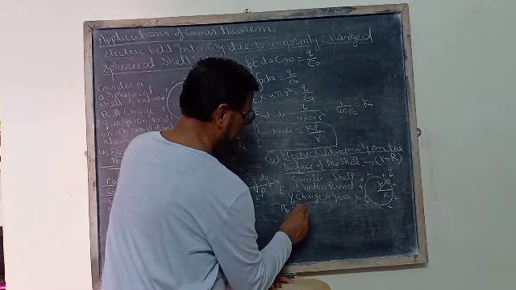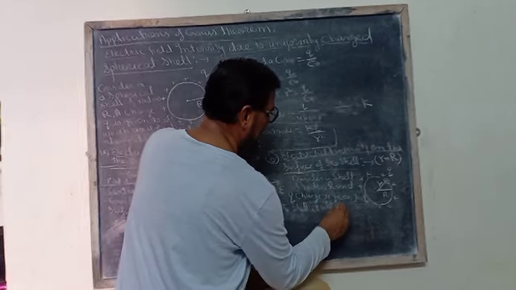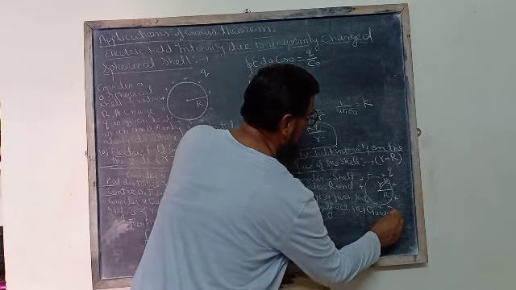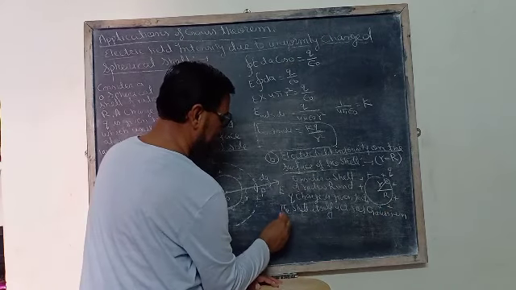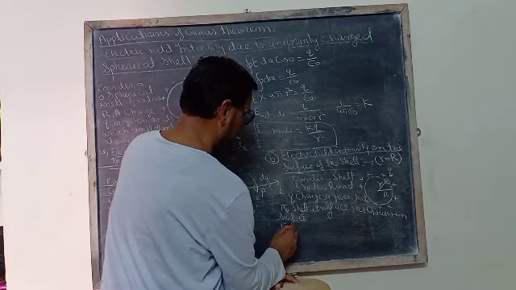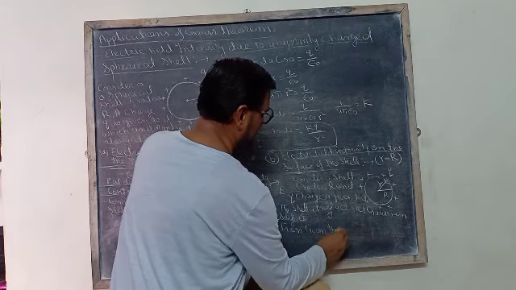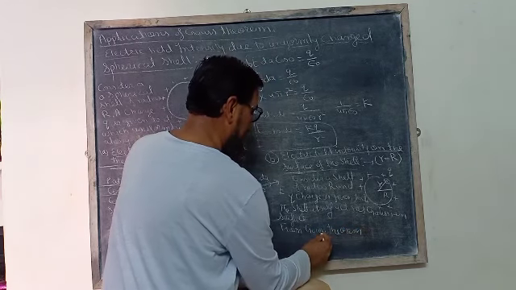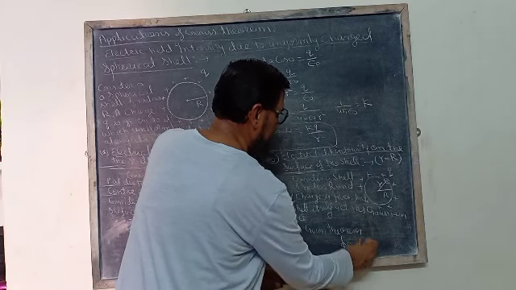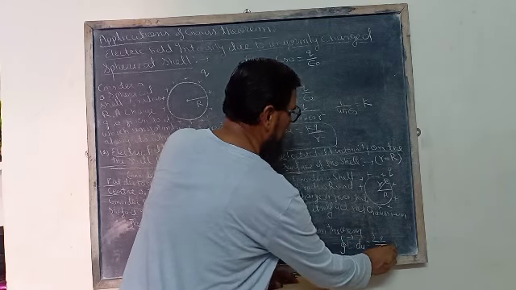The shell itself acts as the Gaussian surface. So from Gauss theorem, the integral E dot dA, the mathematical form of Gauss theorem, is equal to summation q upon epsilon naught.